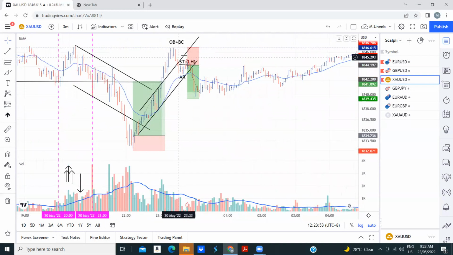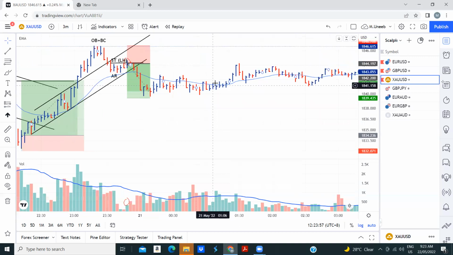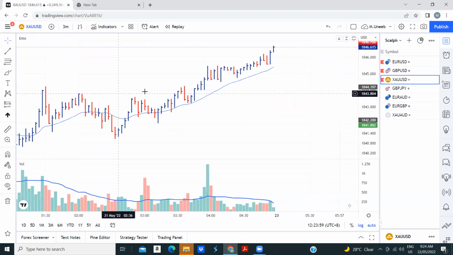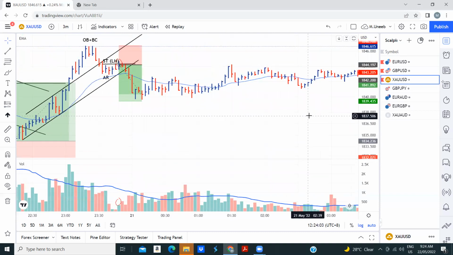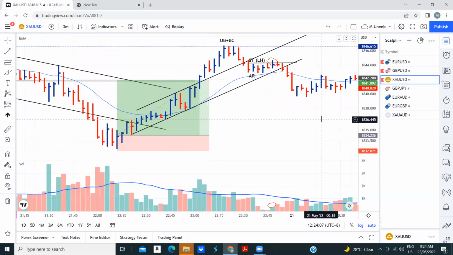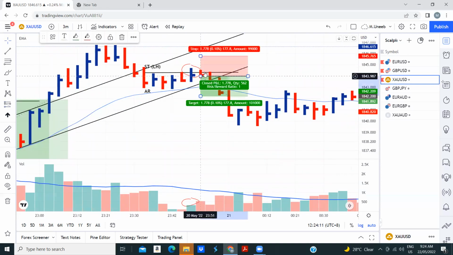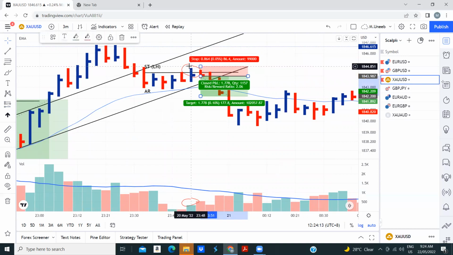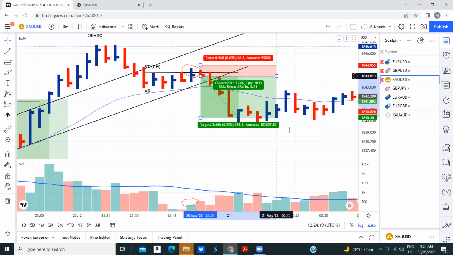After this session, as the New York session closes, what happens? The market becomes choppy and choppy. There's no real movement in the market. Okay. Got it? Yeah. So if we just take a trade here, let's suppose here, our last high, this one, last high, stop loss here, then we are making 3.81.